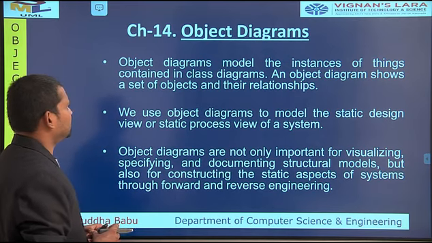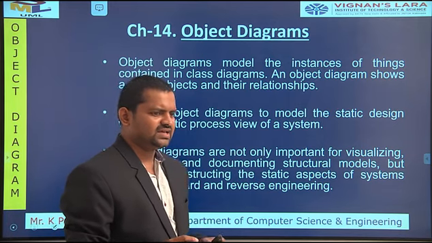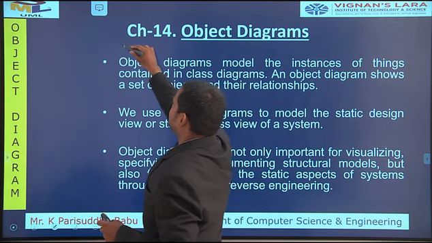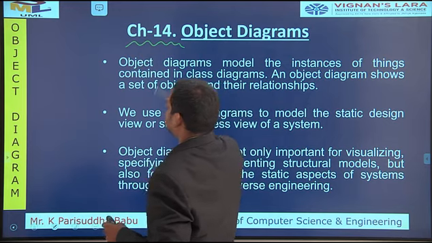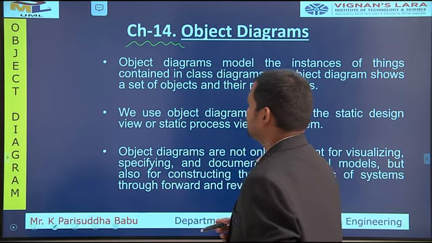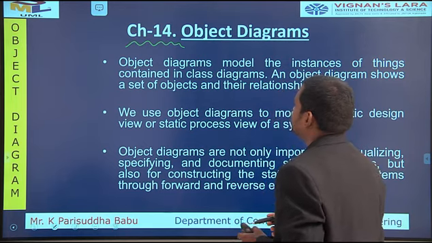What is an object diagram? This is completely available in Chapter 14 of the prescribed textbook, the second textbook, Chapter 14. Object diagram, from James Rumbaugh and Grady Booch, Object-Oriented Modeling Using UML.